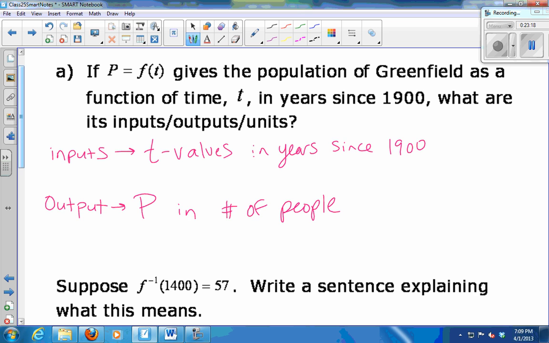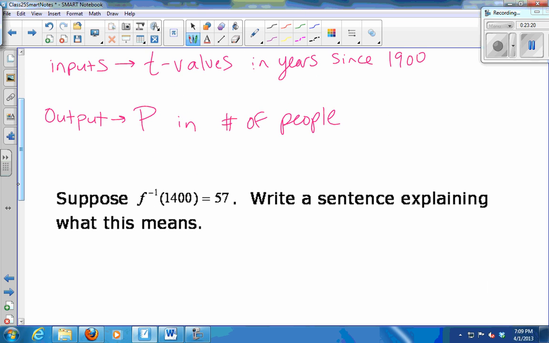So if I write the sentence, F inverse of 1400 equals 57, this 1400 is an input into F inverse, right? It's in parentheses, which makes it an input. But it's being inputted into the inverse function, which means it was an output from F, right?